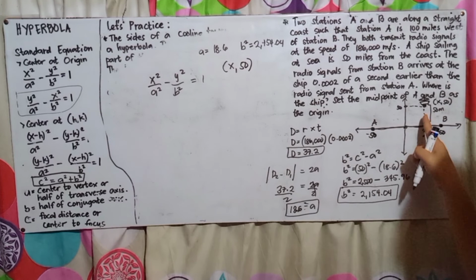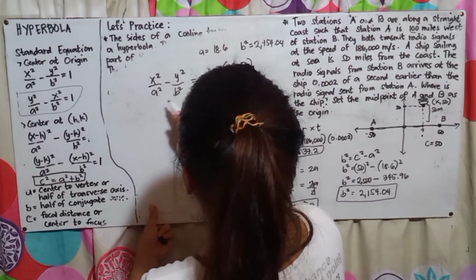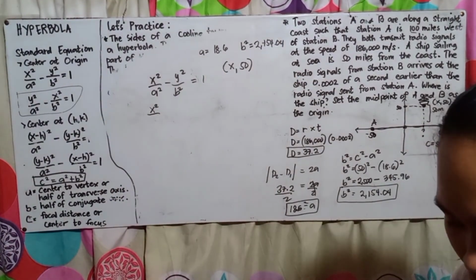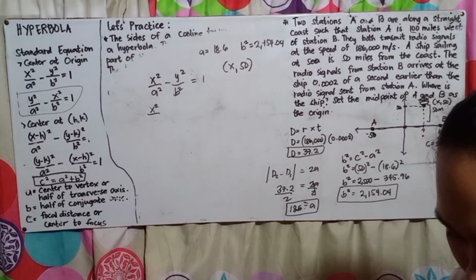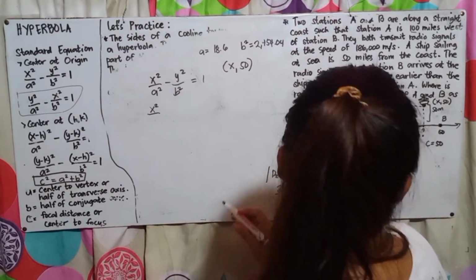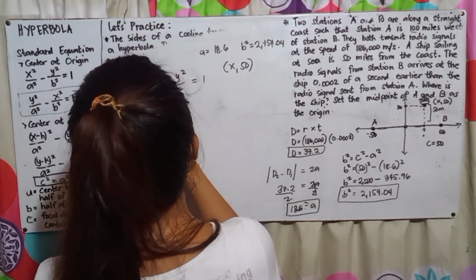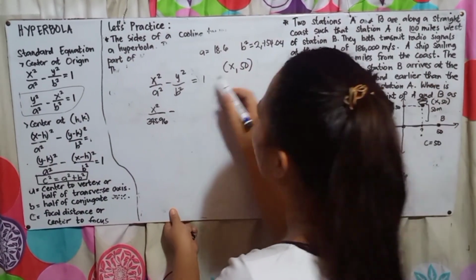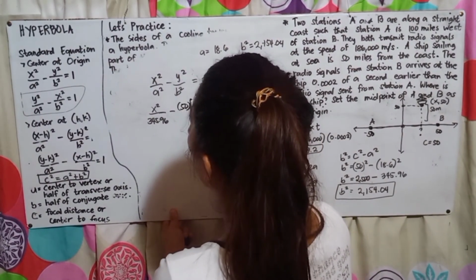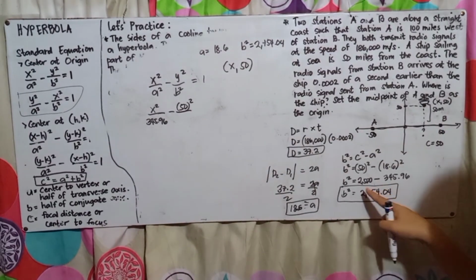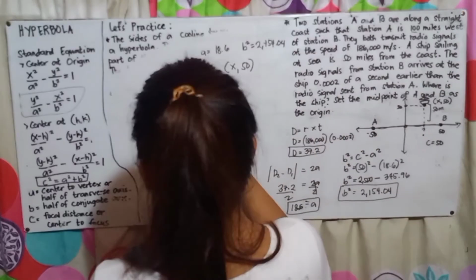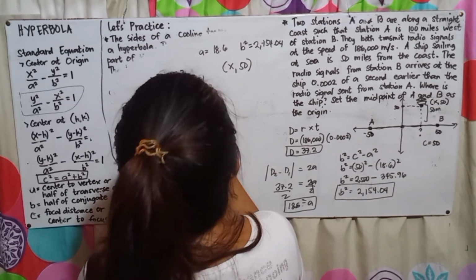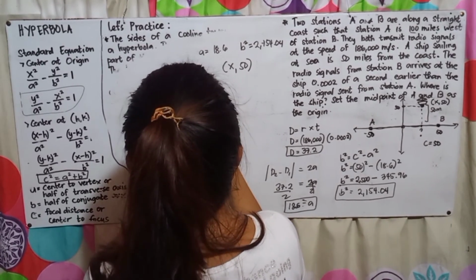Then, the point we are computing is x, 50. So x squared over a squared, 18.6 squared, which is 345.96, minus y squared, y is 50, so 50 squared is 2,500, over b squared, 2,154.04, equals 1.